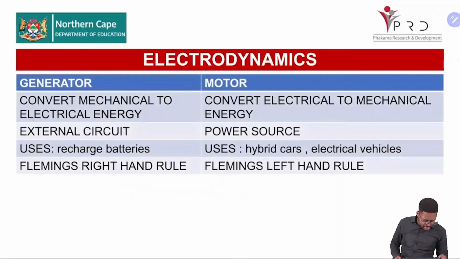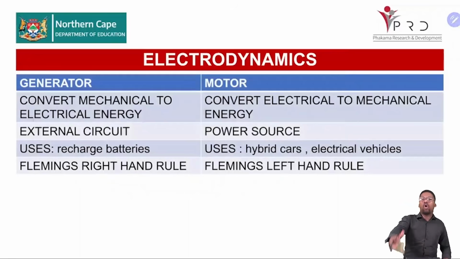Now, a generator has an external circuit. So if you see an external circuit, you must know we are dealing with a generator. If you see a DC source, which is a battery, you must know we are dealing with a motor. So that's how we identify whether we are dealing with a generator or a motor. A generator will have an external circuit.